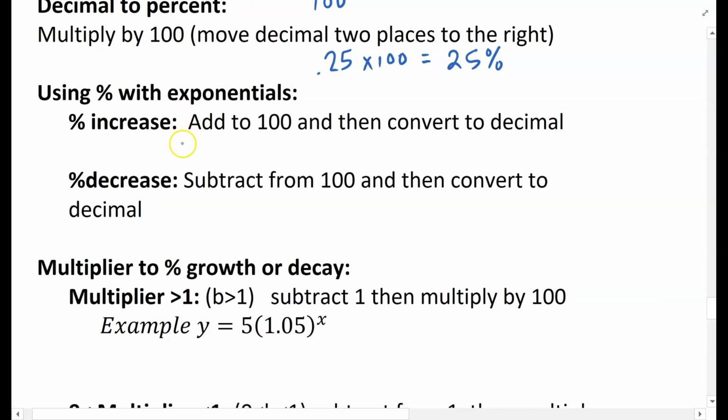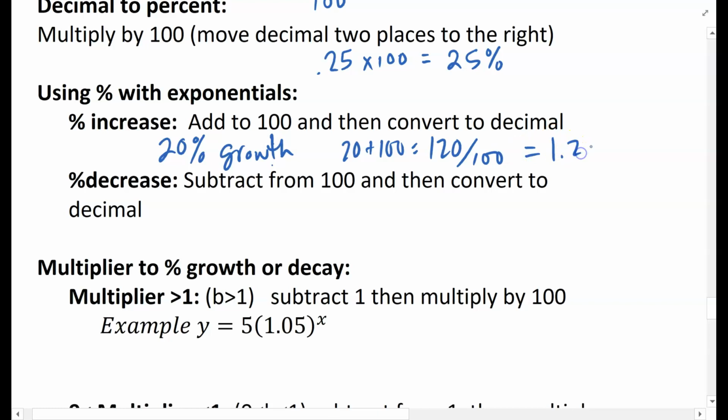So for example, if we have a 20% growth, we're going to add that to 100. So we would have 20 plus 100 is 120. But to get that growth factor, we have to convert that to a decimal by dividing by 100, and we would get 1.2. So that would be our growth factor.